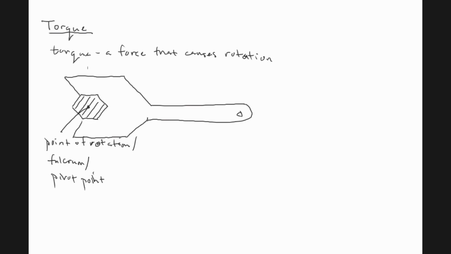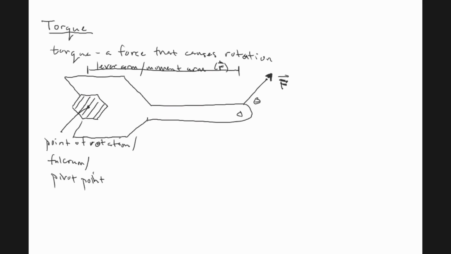The distance from that point of rotation to where we're applying a force, let's say the force is being applied this direction, is commonly referred to as the lever arm / moment arm, denoted as some vector r. This is your force vector, and this is the angle at which it makes to the horizontal, okay? Theta.